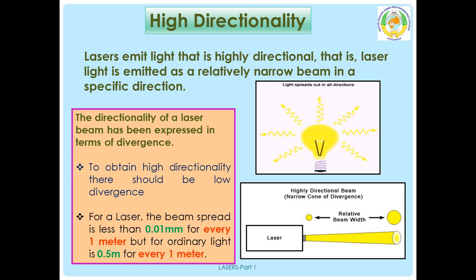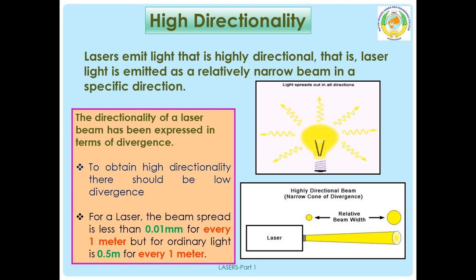Whereas a laser light is a highly directional beam. It emits a narrow cone of divergence. So the directionality of a laser beam is expressed in terms of this divergence. The less the divergence of a light source, the higher the directionality.